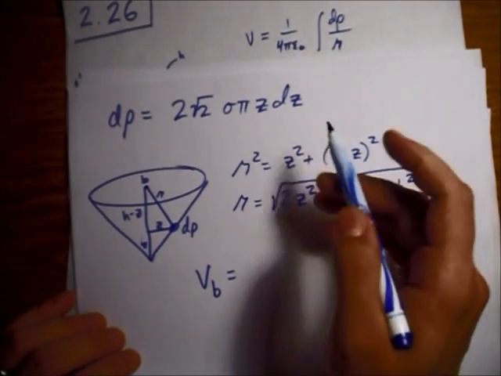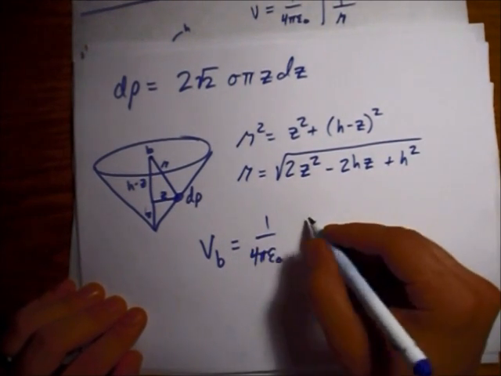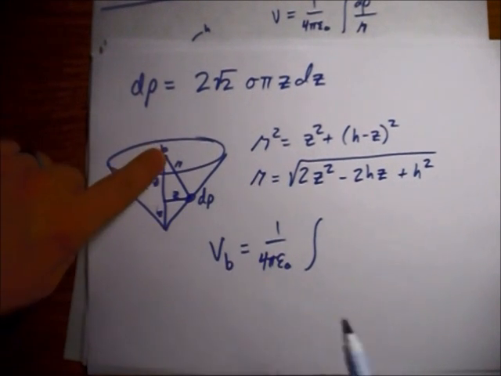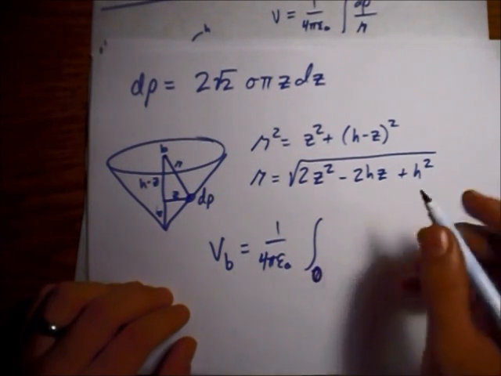All right, so we have our good old 1 over 4 pi epsilon naught out front. We are integrating, again, going up from z equals 0 up to z equals h. Oops, started writing a z.